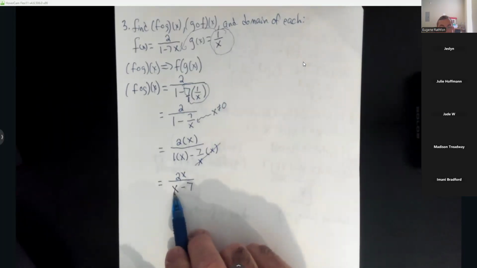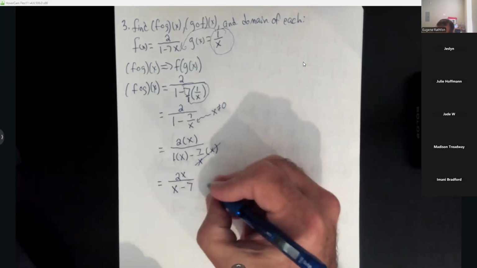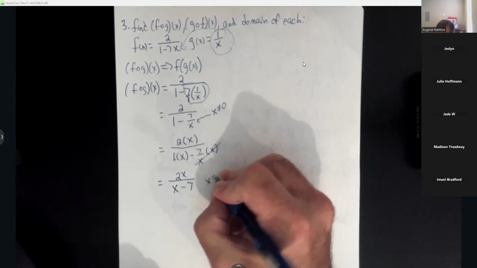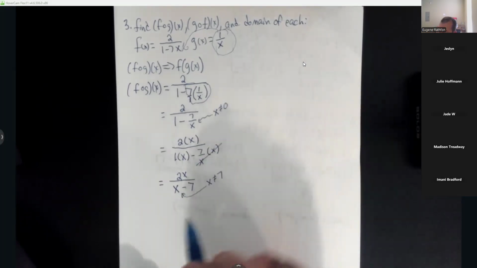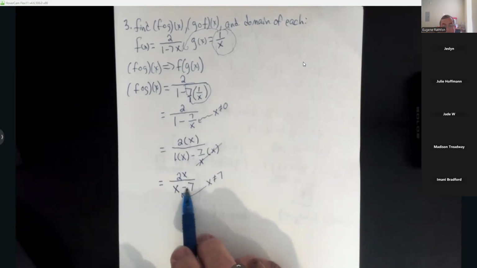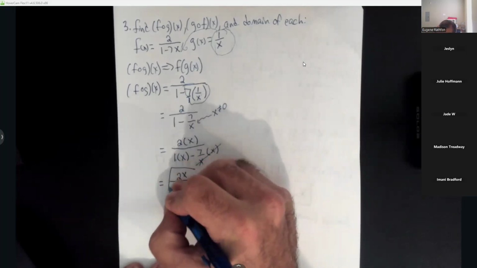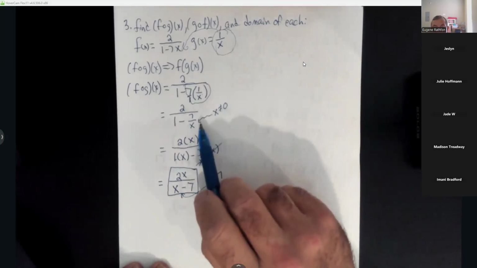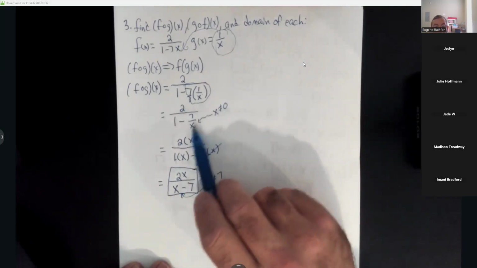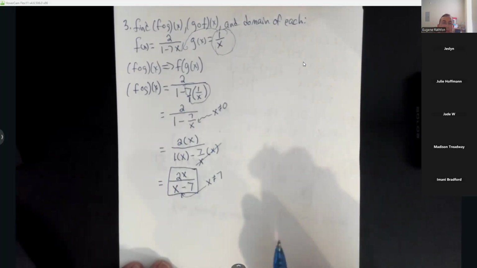And then down here, you got an x in a denominator. At this point, that x right there cannot equal a positive 7. Okay, because if that was a 7, 7 minus 7 would make that 0, okay? So this is what it's simplified to. And then when we do the domain, we'll kick out a 0 for that x and a 7 for that x, okay?